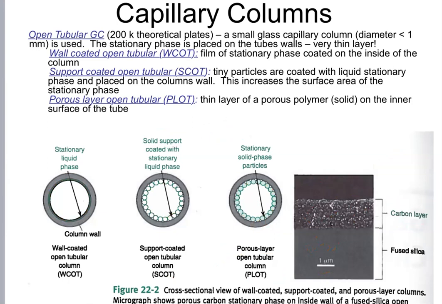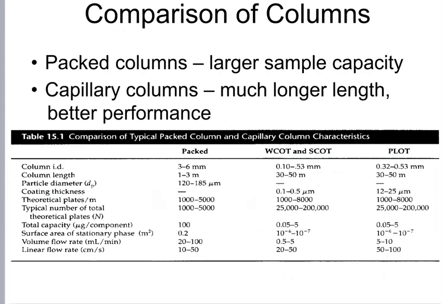Now, as I mentioned, these columns, the packed columns and the capillary columns, will really behave a little bit differently, okay? They're constructed differently and they have differences in performance. So in terms of packed columns, they typically might have internal diameters of 3 to 6 millimeters, 6 being pretty large, okay? But these capillary columns are much, much smaller.